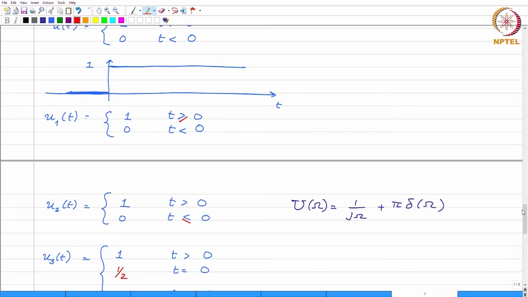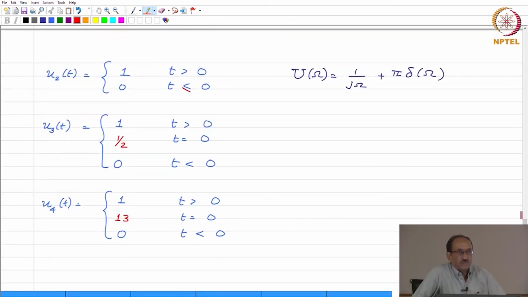All right. So, what is happening here is, in terms of the Fourier transform, all these various definitions of u of t will still give rise to exactly this Fourier transform, that is right, because one point is not going to contribute to the integral. If you now take this Fourier transform and do the inverse transform, remember, if you recall what is happening in Fourier series, at a point of discontinuity in the signal, to what value will the Fourier series converge to?